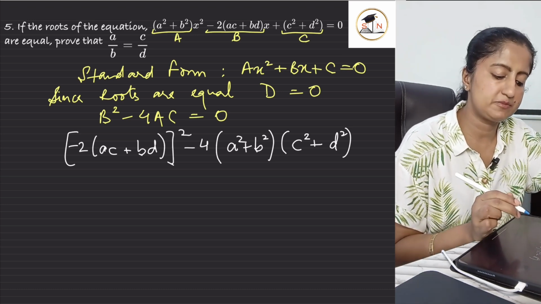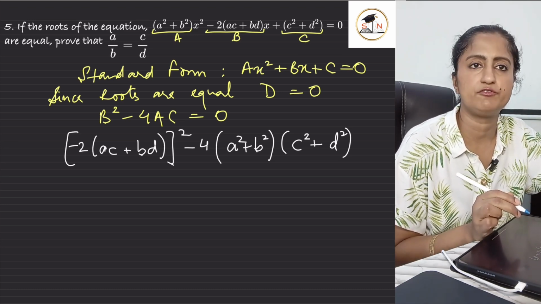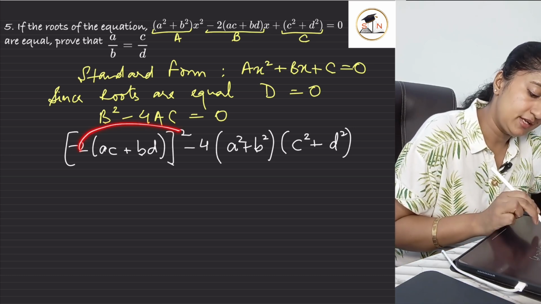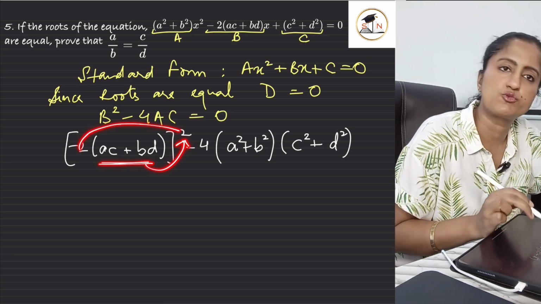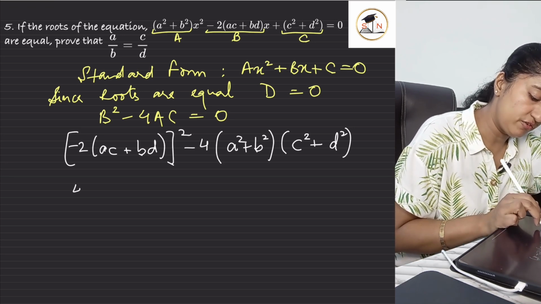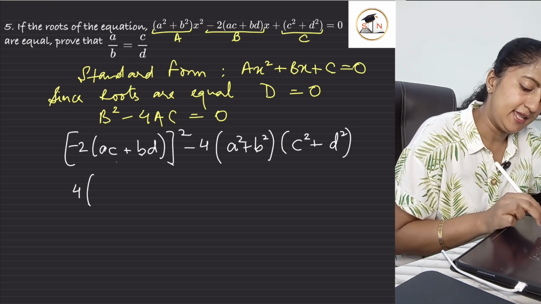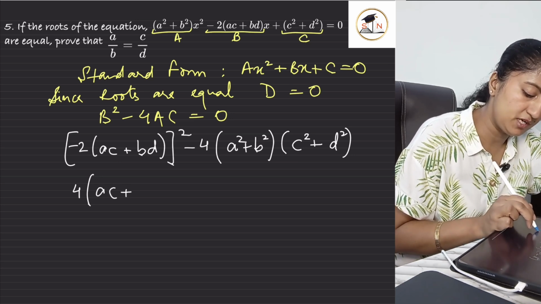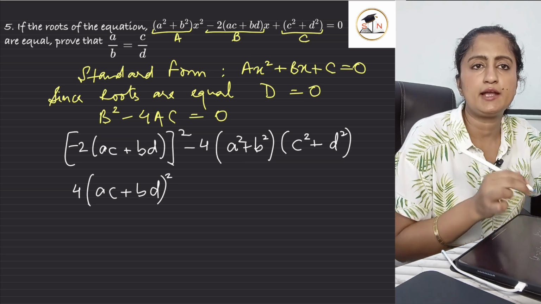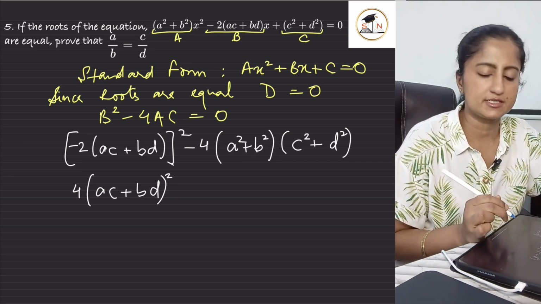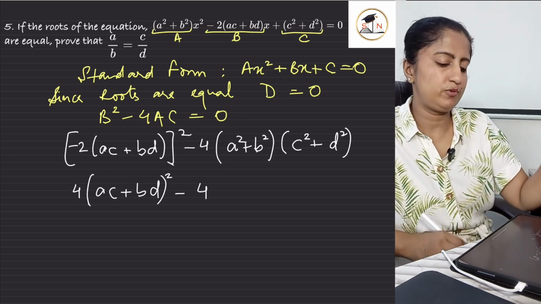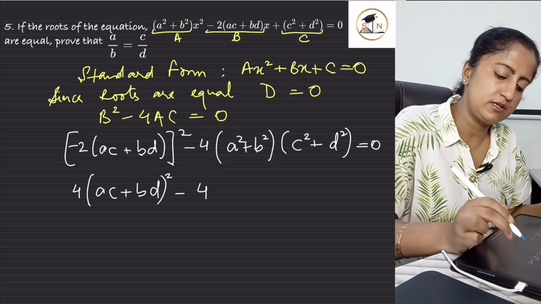Now, you need to expand this whole expression very carefully, okay? Because minus 2 square and (ac plus bd) square. So, starting with it. Minus 2 square gives you 4. And (ac plus bd) has to be a whole square, which means we need to apply the identity, and I will be doing that in the following step. Now, in the next part of the expression, I have to write equals to 0 as well, right?